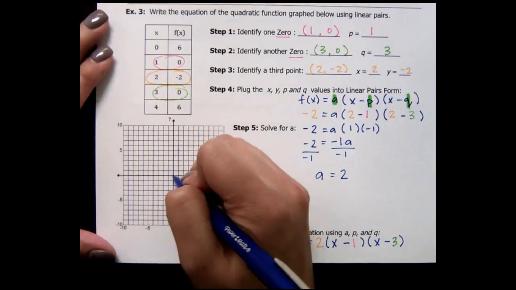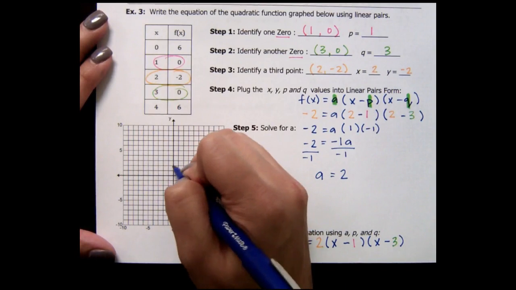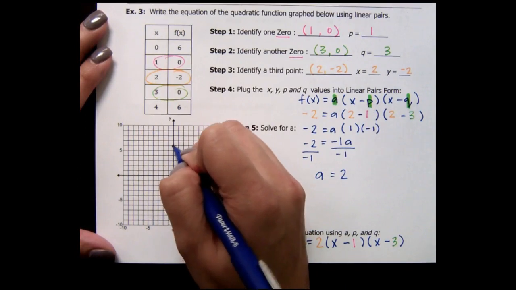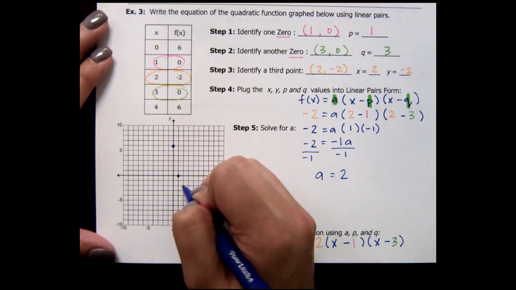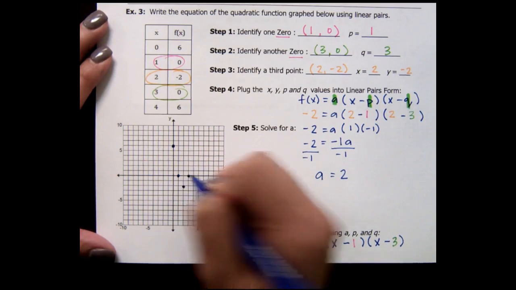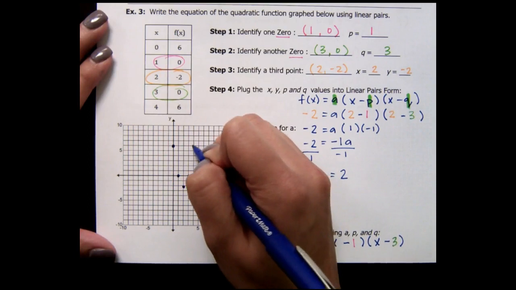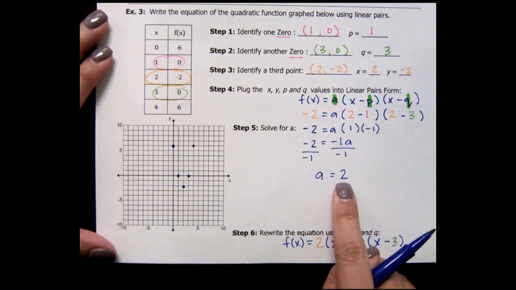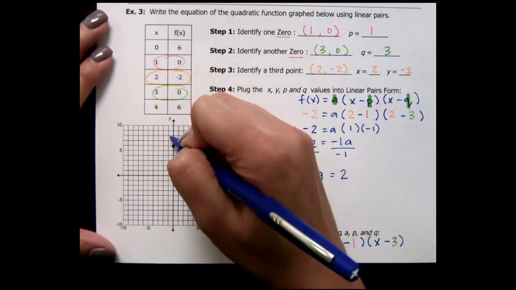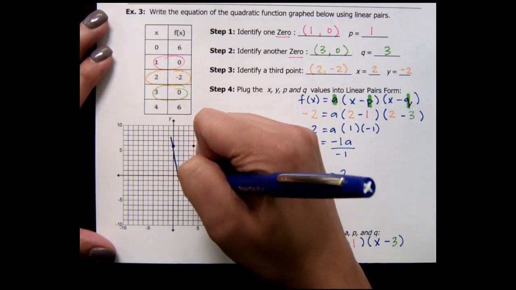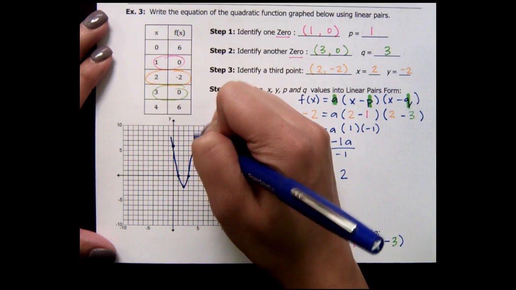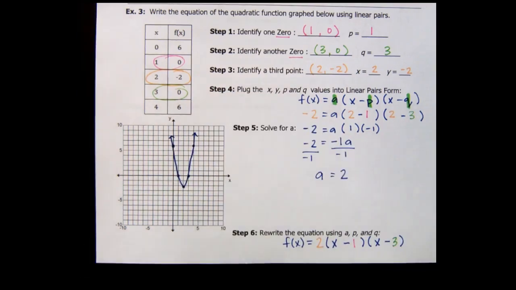So 0, 1, 2, 3, 4, 5, 6, 1, 0, 2, -2, 3, 0, and 4, 6. My a value is positive. My parabola opens up, which means I solved this correctly.